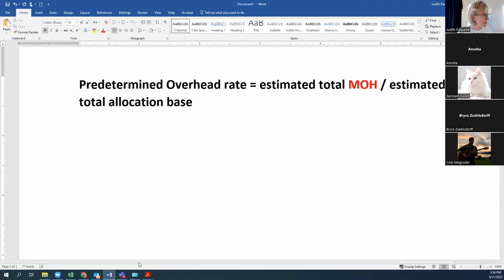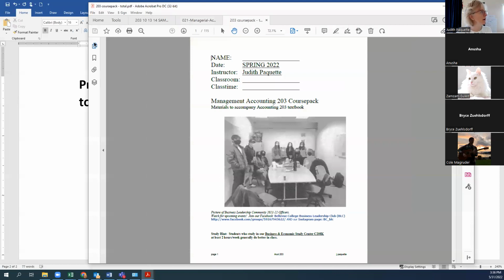Let's do a practice one of that real quick, and then we'll move over to chapter 13. So if you guys have your course packs handy, turn to page 37 in your course pack, and let's do a practice problem on that.